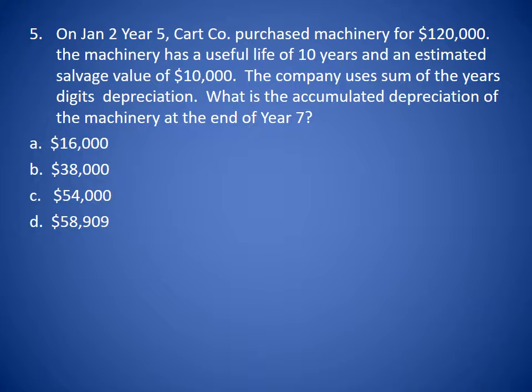The company uses the sum of the year's digits depreciation method. What is the accumulated depreciation of the machinery at the end of year 7? Again, go ahead and do your calculations. Also read the question carefully to make sure you don't miss important information. And when you're ready, go ahead and run the video to the answer slide.